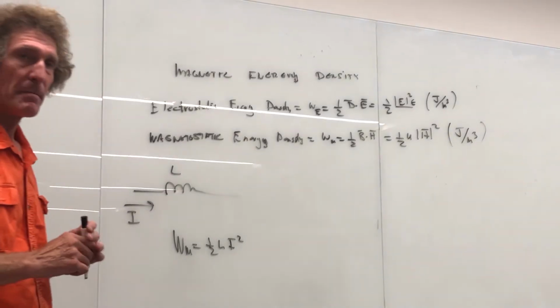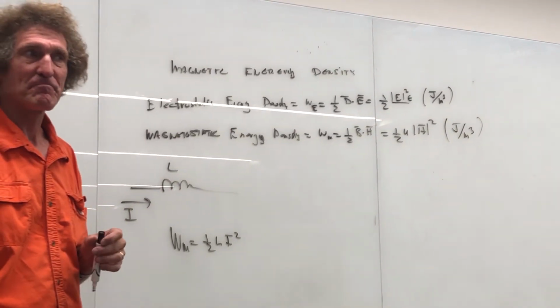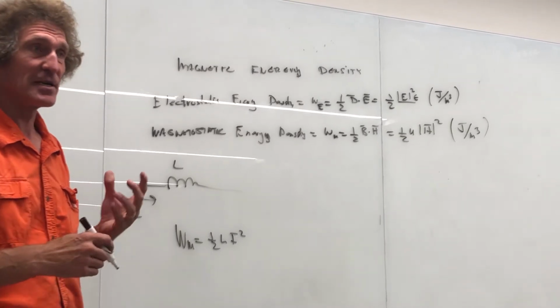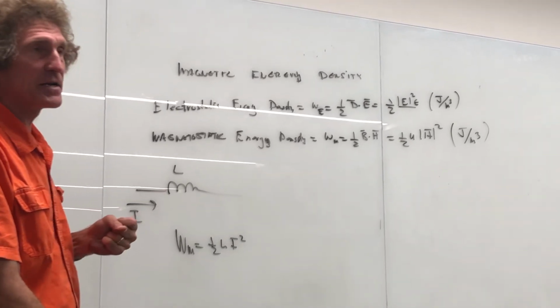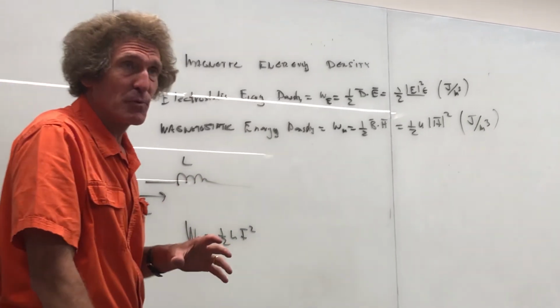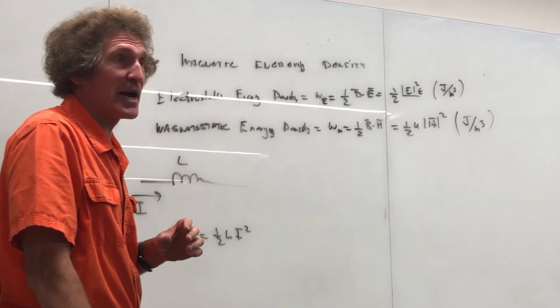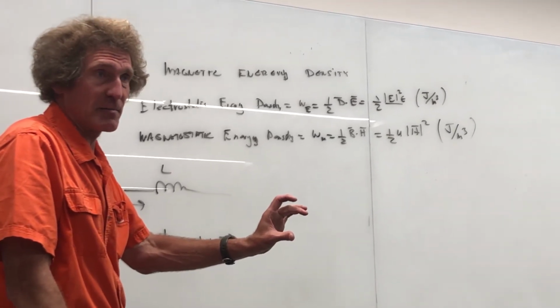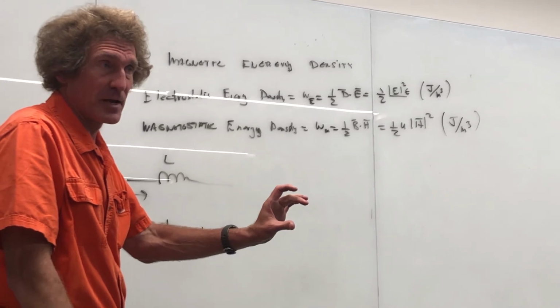Does anybody remember that? 1/2 L I squared, that's from physics too, that's the magnetic energy in an inductor. So if you've got a current I in an inductor with value L, that's how much magnetic energy is there. The reason that's important is that's how much energy you can get out if you short that current across a resistor. You can dissipate that much energy. Do you follow me on this?